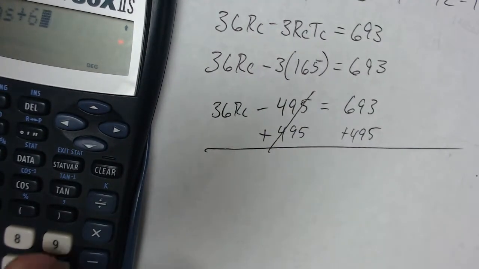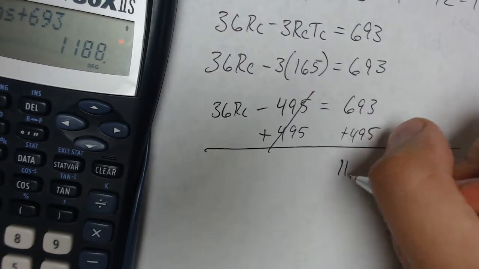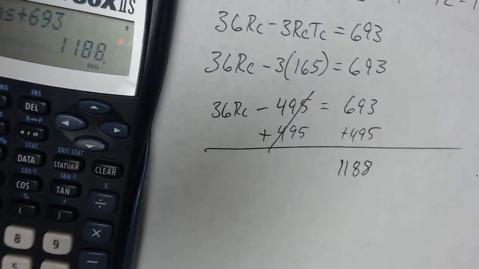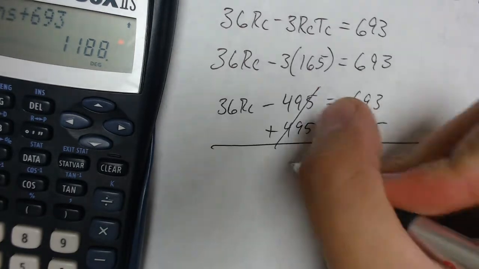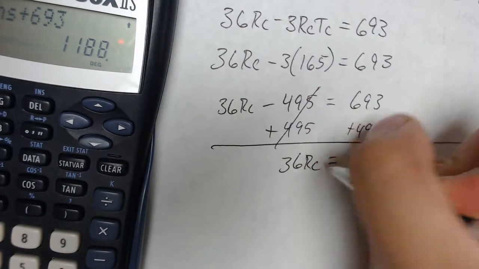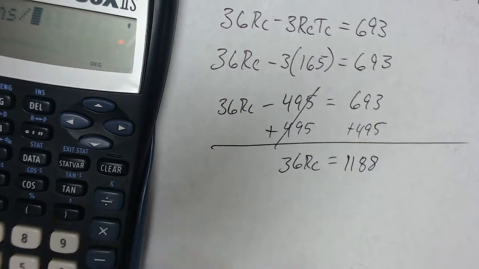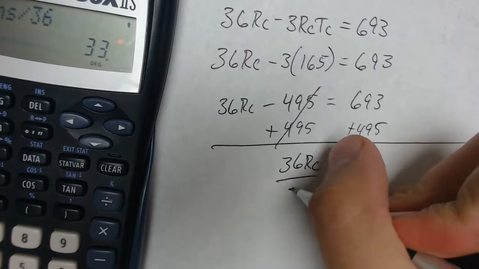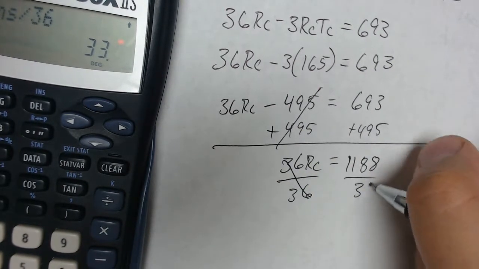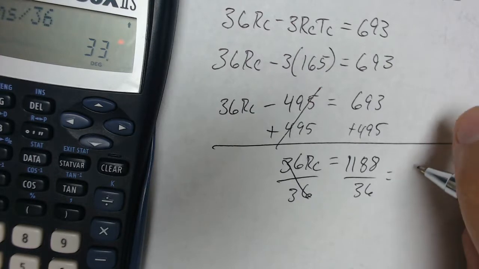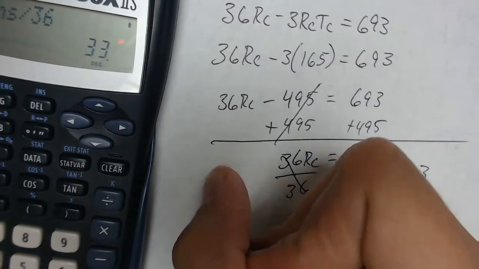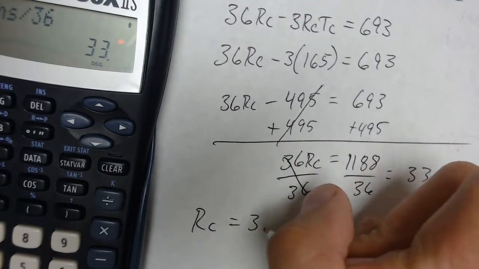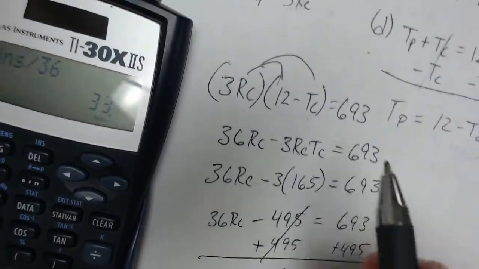This plus 693 equals 1188. So now I have 36 R sub C equals 1188. Let's see if that divides perfectly. It does. That equals 33.